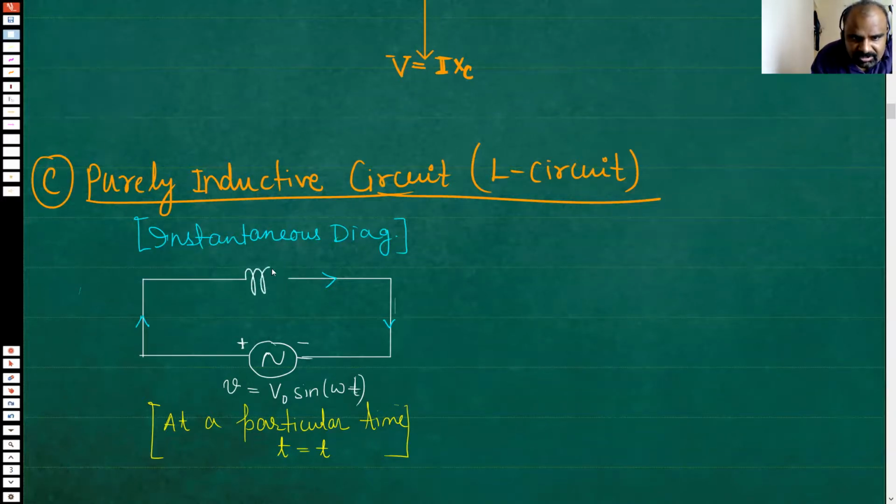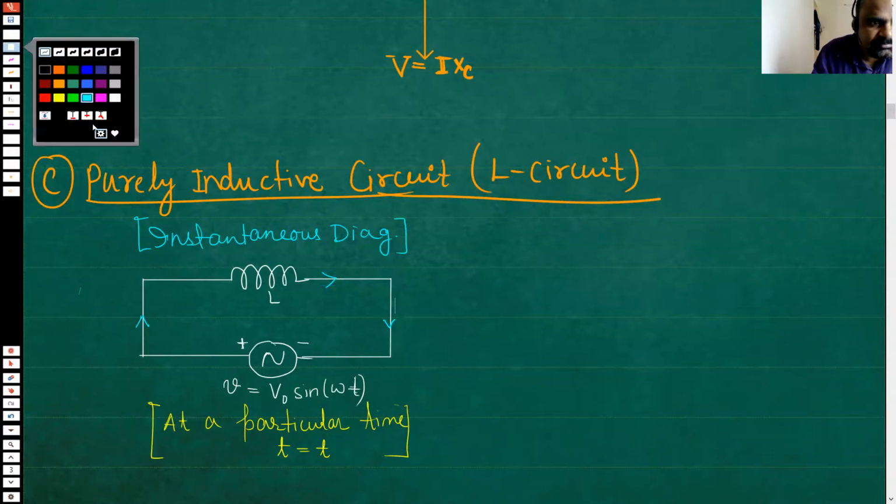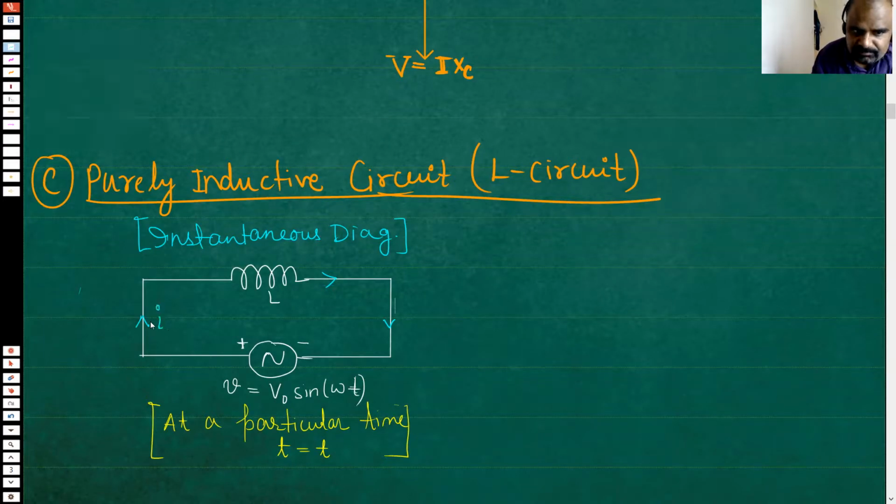This is how we show inductor, like this. I will show it a little bigger. Inductors are normally drawn a little bigger. So this is the inductor and this is the battery. And at a general time t, suppose current I is flowing, just like I have shown.